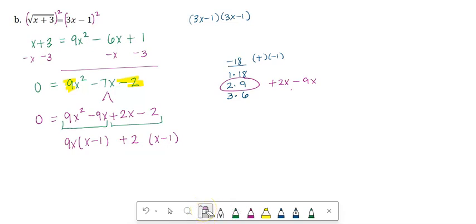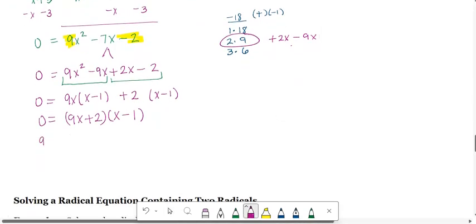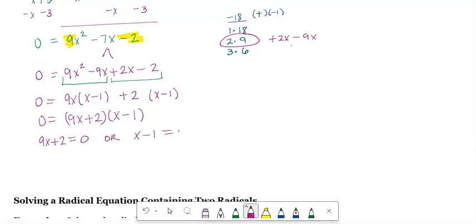Yeah, that works. So I'm getting 9x plus 2 and x minus 1 equal to 0. So 9x plus 2 equals 0, or x minus 1 is equal to 0.